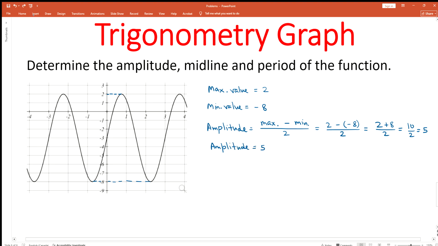Next, we can find the midline of this function. Midline of a periodic function is a horizontal line that passes through the middle of the graph of the function. Since midline is a horizontal line, we write it as an equation y equals, and the formula is maximum value plus minimum value divided by 2.